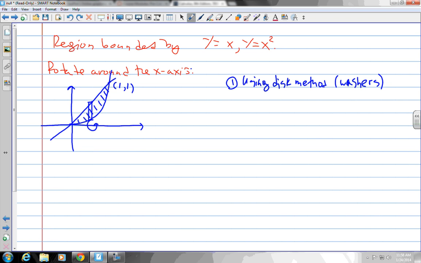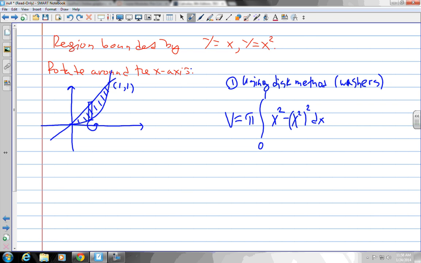It's the bigger radius squared minus the lower radius squared. So what will that give me? What is my bigger radius? X, so it's x squared minus the lower radius squared, so x squared squared dx from 0 to 1.